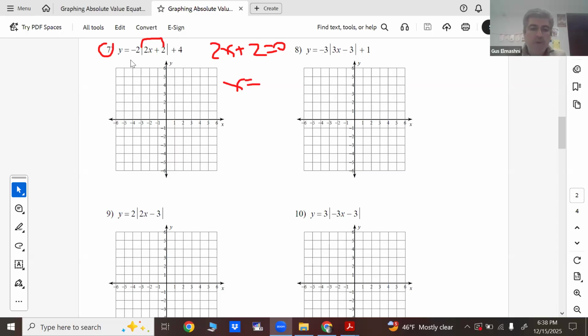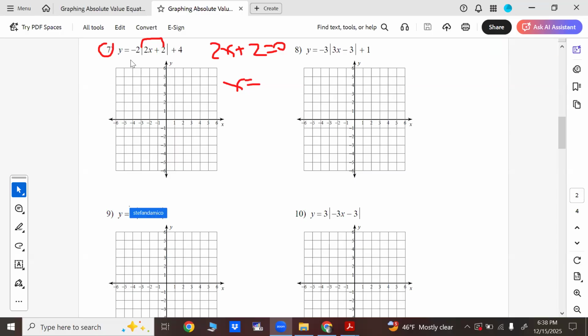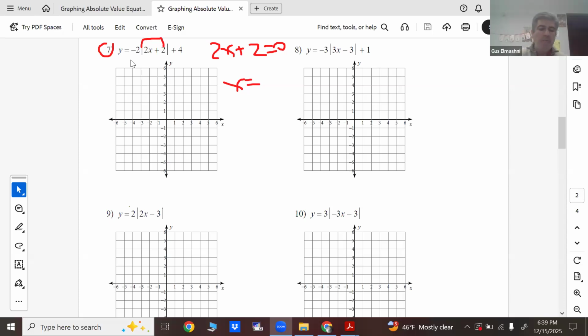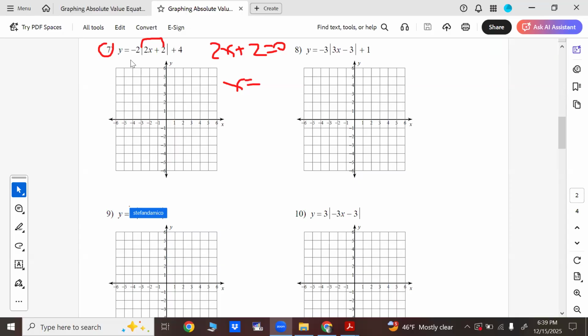Yeah, 2x plus 2 equals 0. What does x equal? Hold on. X equals 0 because, no, subtract 2, divide by 2. That was subtract. Right. You know this. 2x plus 2 equals 0.